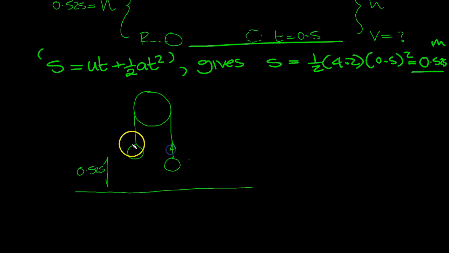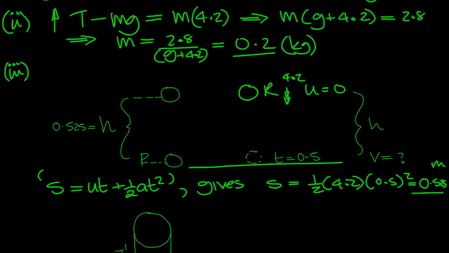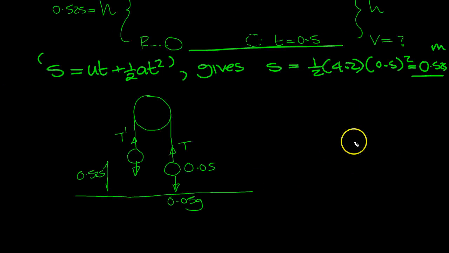There's a new tension in the string now, which we'll call T dashed, because there's only this mass here, which is 0.05. So the weight is 0.05 g. The weight of P is m, which is 0.2. That's the force there. We now know there's a new acceleration, which we could call a dashed.